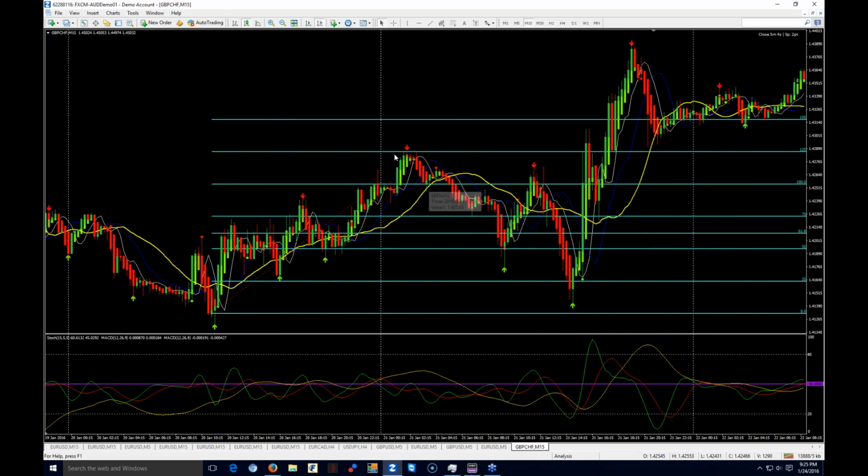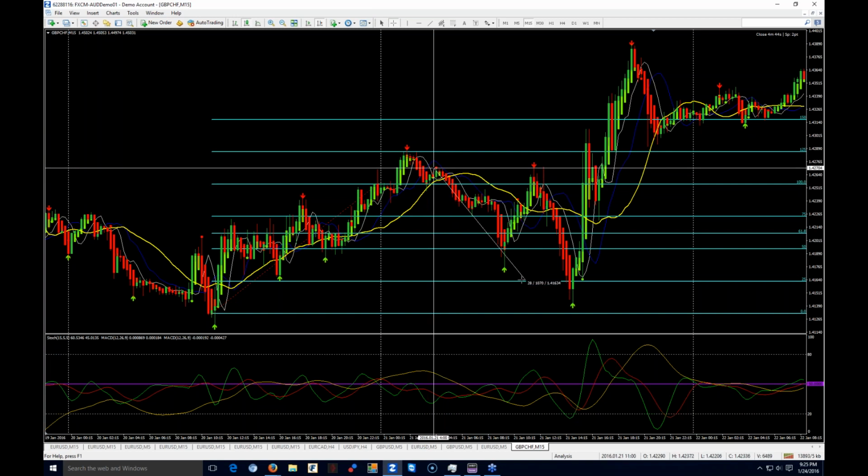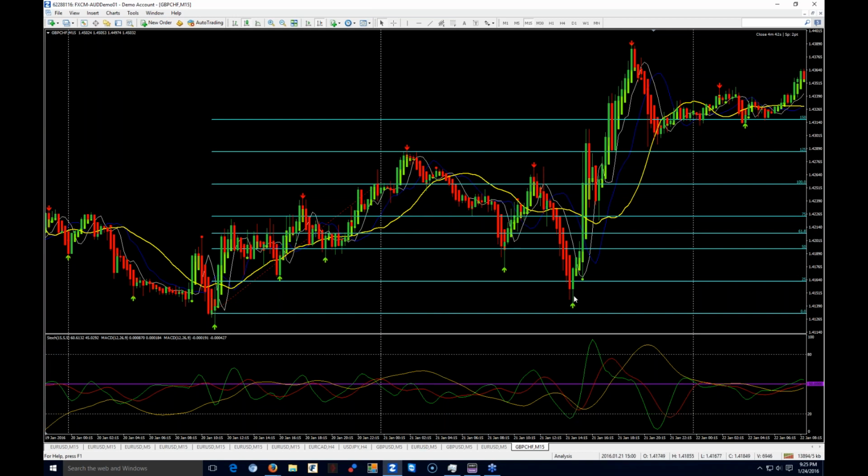Which it did have some downs from here. Let me take a look. It was not working. Yeah. So that was exposed temporarily. So this pulled down, and then this pulled down, and then it really went back up.